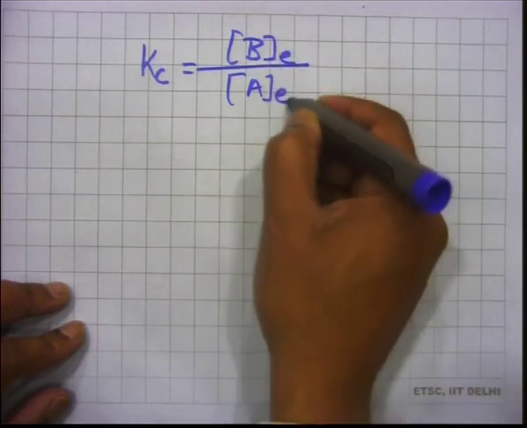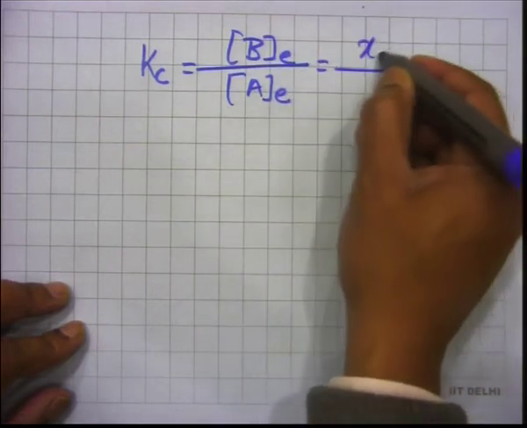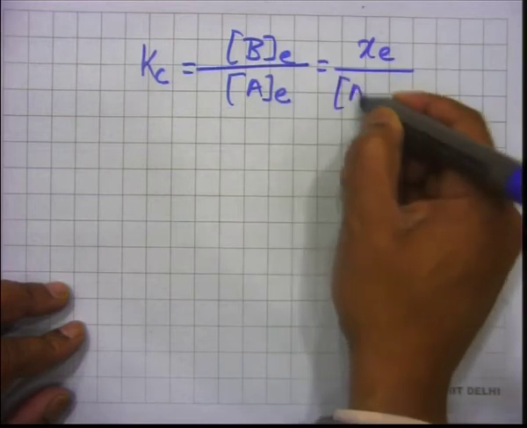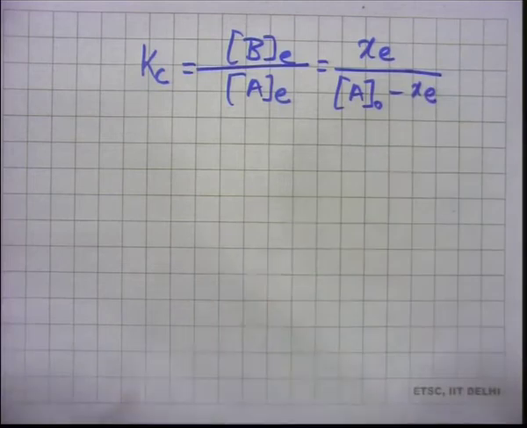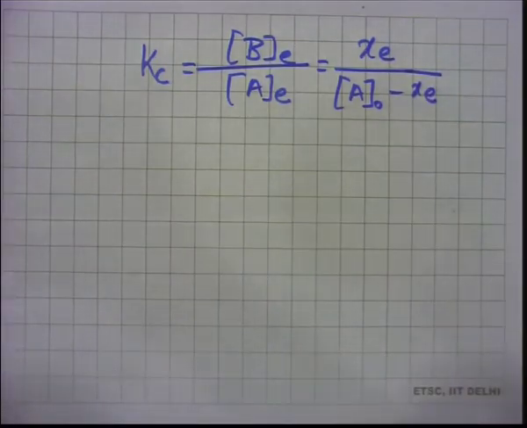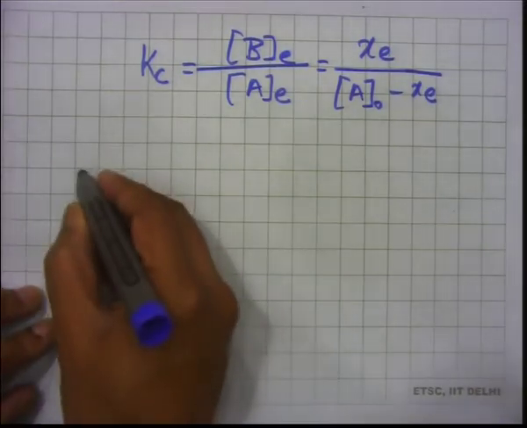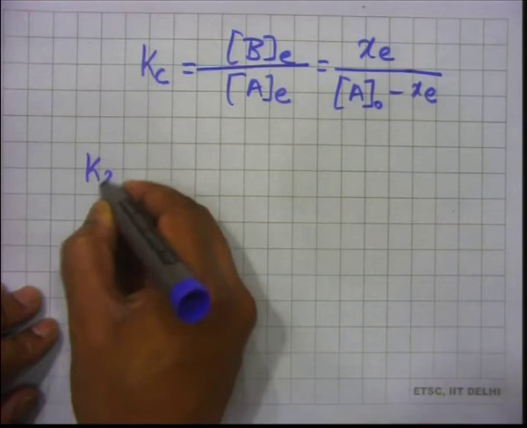B at equilibrium divided by A at equilibrium, Xe divided by A naught minus Xe. And some time back we also had this.